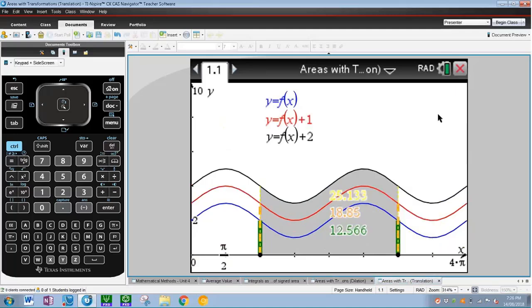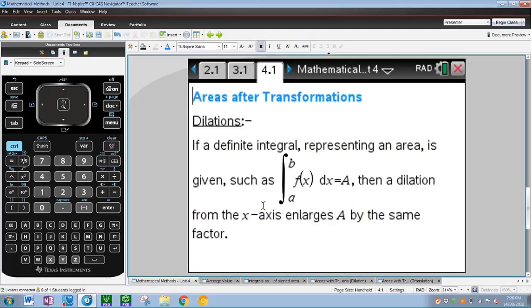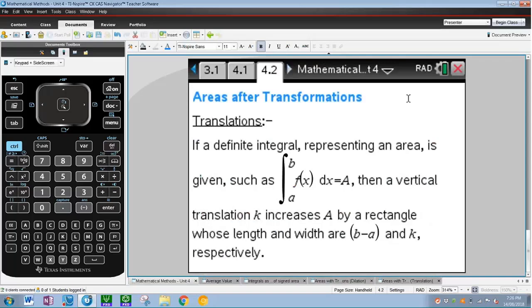So of course, dilation is not the only transformation that you can apply to a function. Another common one is a translation. So with the translation, it's very much the same setup. However, we're just translating upwards by a value of k, or even downwards, the same concept applies.